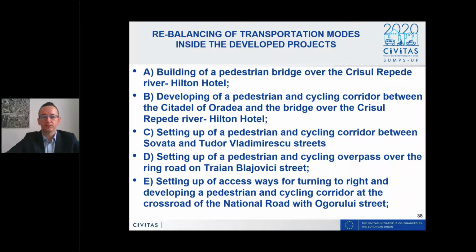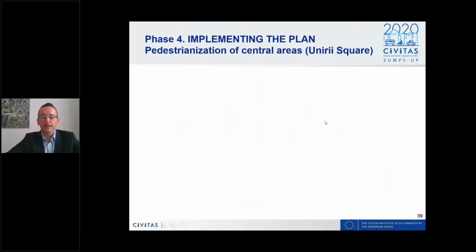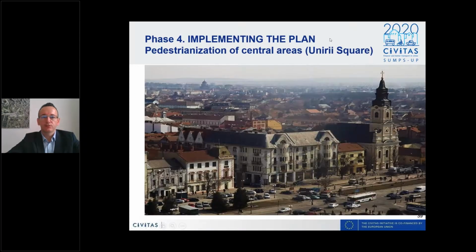And I just wanted to give you the example of an integrated project, which is in the course of being prepared at the level of the city of Oradea in order to obtain EU funds through the regional operational program. I would like just to present you some measures that were selected. We had 19 measures representing 37 projects in the frame of the Sustainable Urban Mobility Plan.